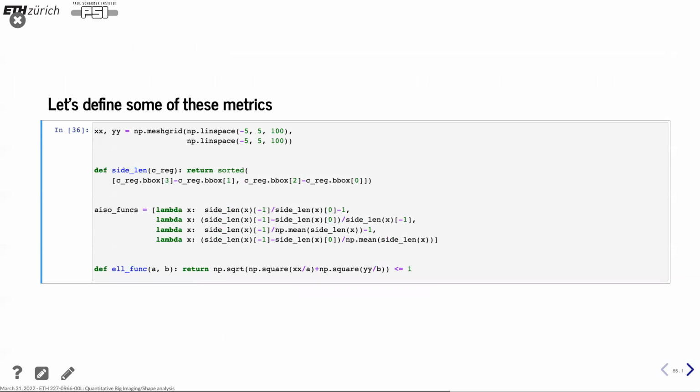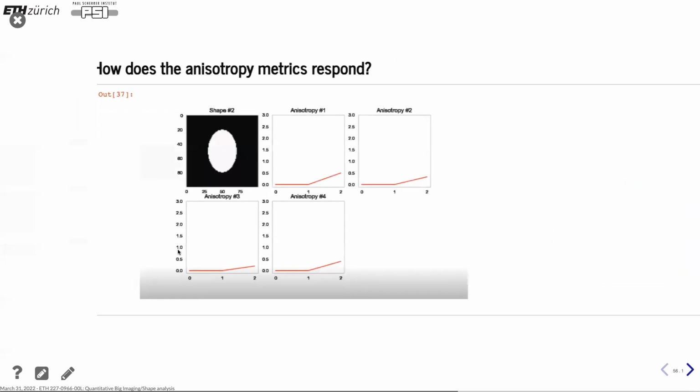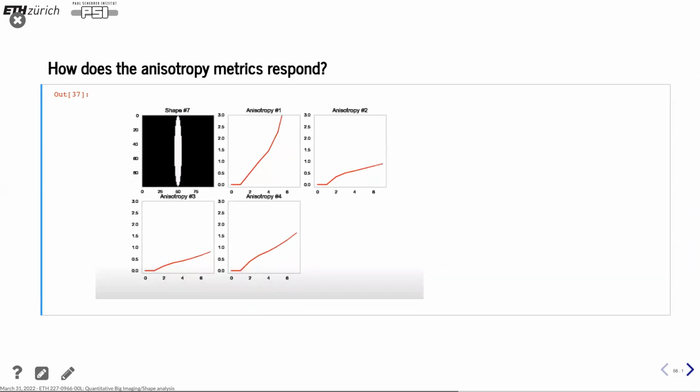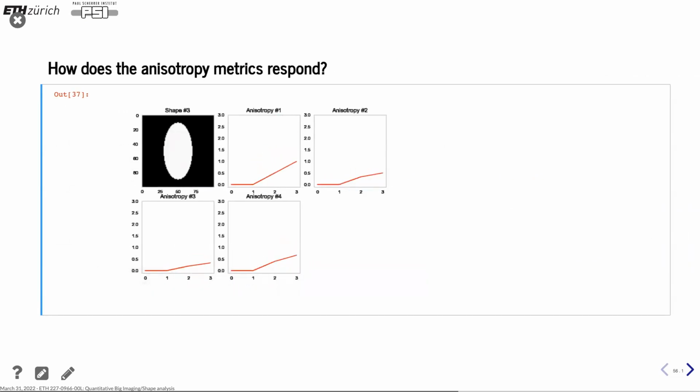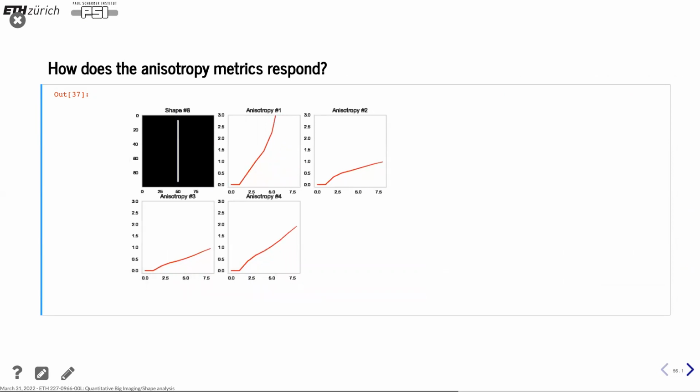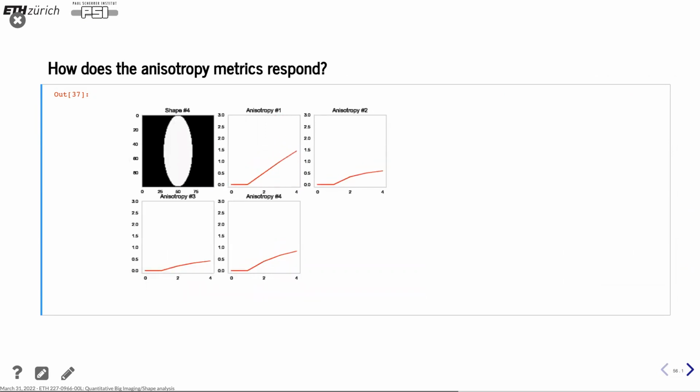So here is some little code where I define all these metrics that I showed on the previous slide. And it's done as so-called lambda functions. It's a little trick that is used in Python. And here you can see how this shape is changing and how the different anisotropy metrics behave. Some of them increase all the time and other ones not so much.